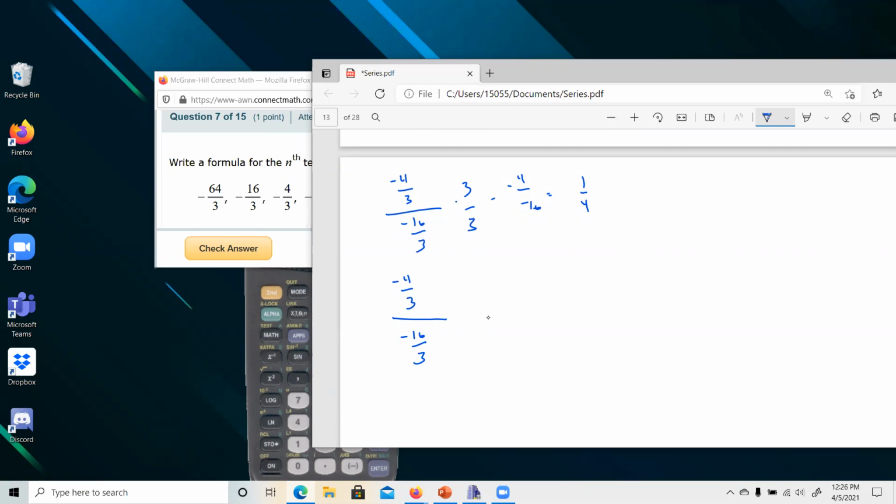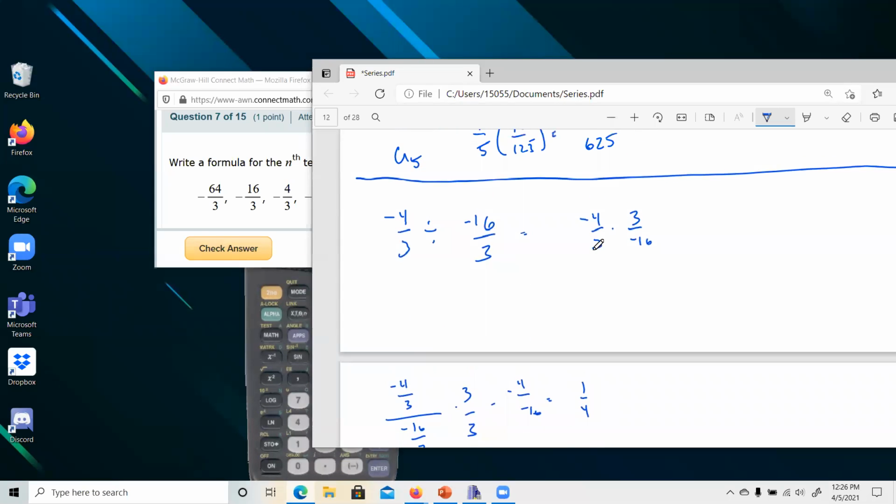It is the easiest way to do this problem in intermediate algebra or high school algebra, but chances are people don't remember it. We invert and multiply the bottom term, and all of this cancels, and we get 4 over 16, negatives cancel, and we still get a fourth.